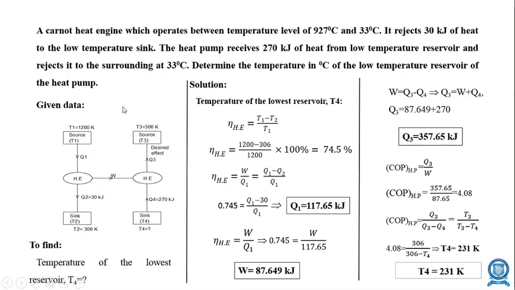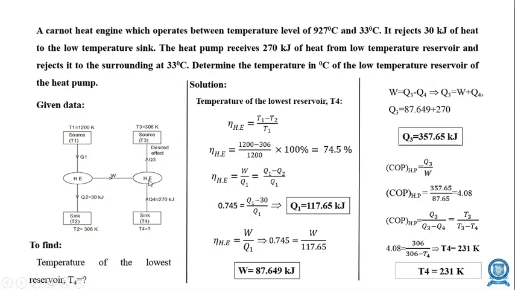So listen carefully. The heat pump receives the heat from the low temperature sink of the heat engine. Therefore, the low temperature sink of the heat engine is equal to the high temperature source of the heat pump.